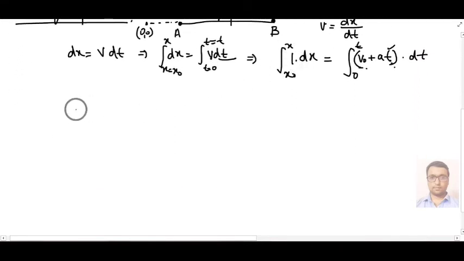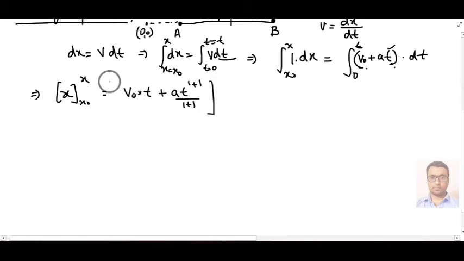Then here we can write x. We know that integration of 1 is x and its limit will be x0 to x, and this v0 integration of 1 is t, plus integration of t will be t raised to the power 1 plus 1 upon 1 plus 1, and the limit will be 0 to t.